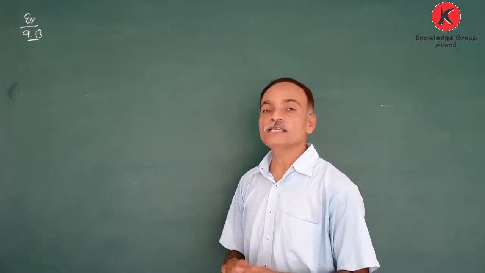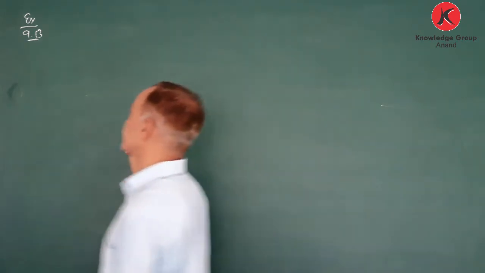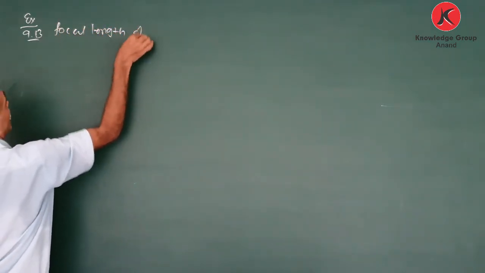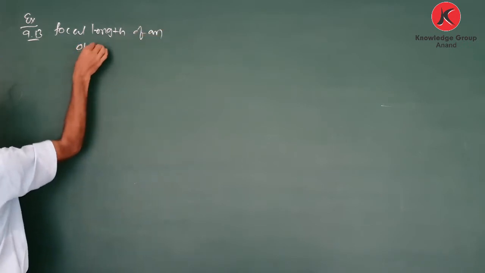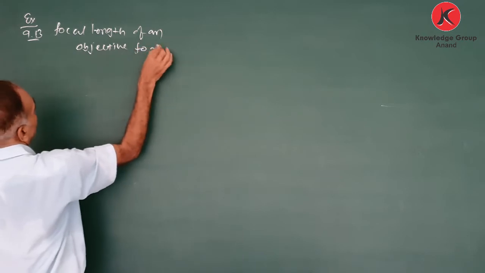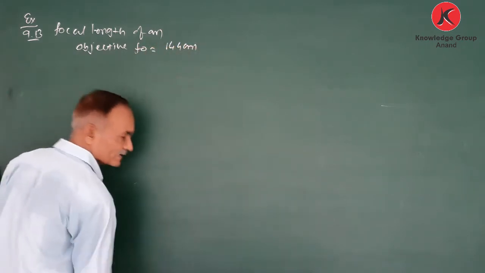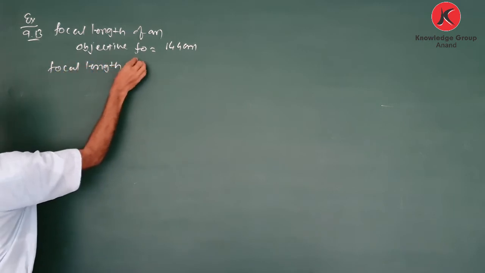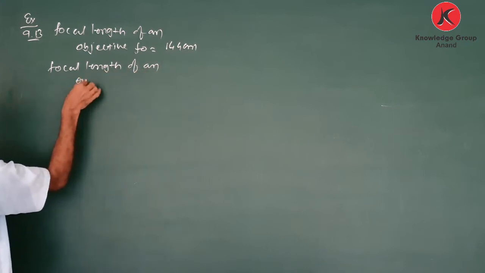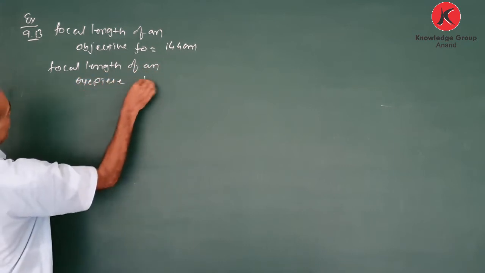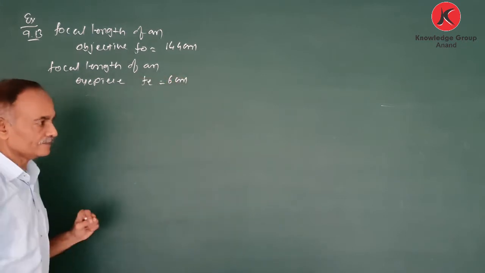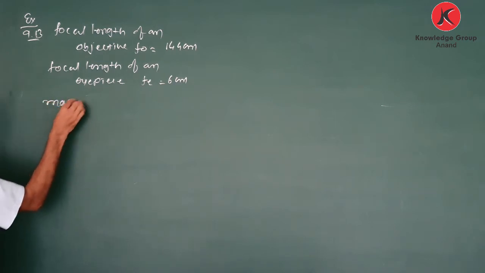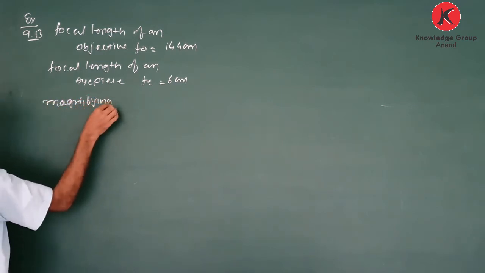In 9.13, for a small telescope, the focal length of the objective fo is 144 centimeter and the focal length of the eyepiece fe is given as 6 centimeter. Find the magnifying power of the telescope.